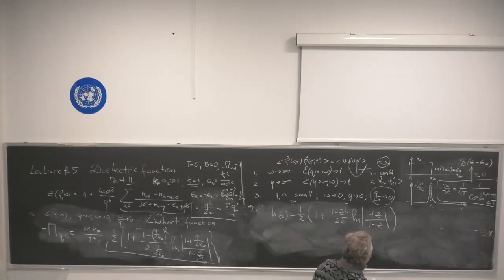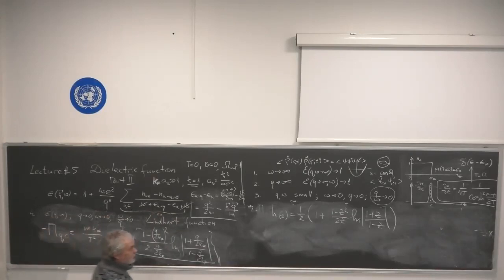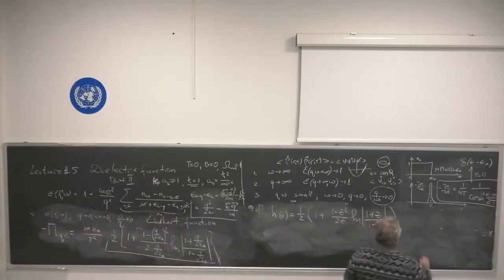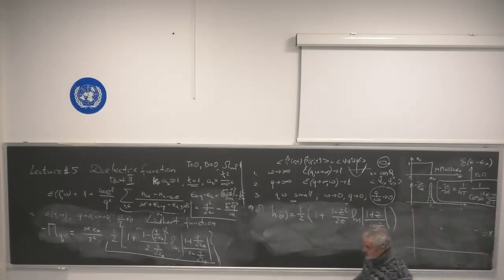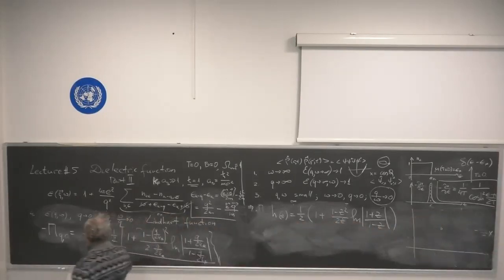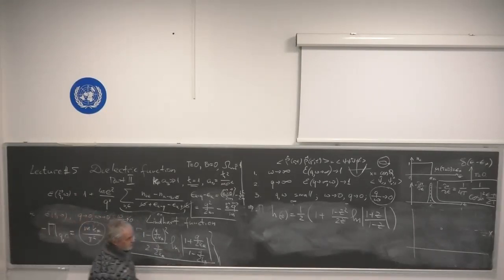I said that these calculations do not refer to any smallness of q. Actually, I did not assume it anywhere. But in particular, it refers also to small q. So the coefficient in front of the Lindhard function is nothing but the density of states. This is the density of states at the Fermi energy.